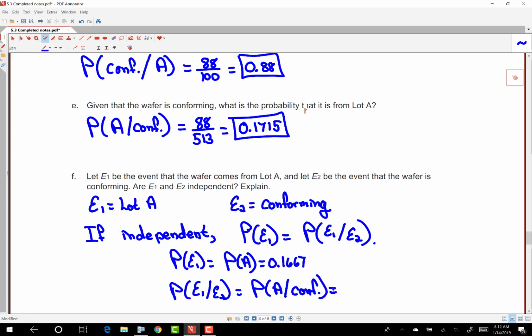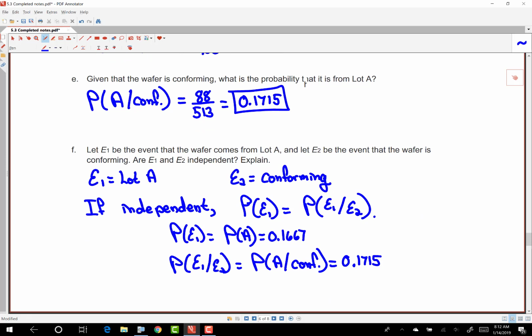Well, we found that in part E. That was 0.1715. And so since these two are not equal, that tells me that they're not independent.